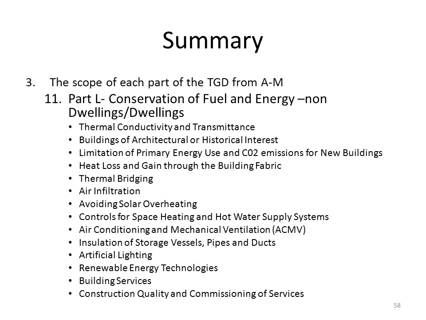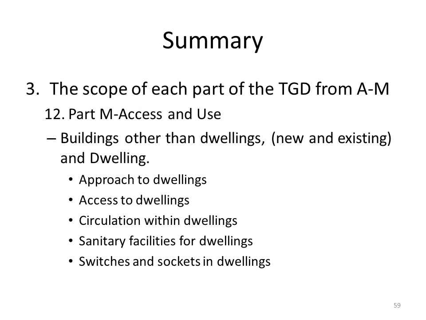We had a lot of similar headings in these two documents, the two Part L documents for dwellings and non-dwellings, and they included thermal conductivity and transmittance, buildings of architectural or historical interest, limitation of primary energy use and CO2 emissions for new buildings, heat loss and gain through the building fabric, thermal bridging, air infiltration, avoiding solar overheating, controls for space heating and hot water supply systems, air conditioning and mechanical ventilation, ACMV, insulation of storage vessels, pipes and ducts, artificial lighting, renewable energy technologies, building services, and construction quality and commissioning of these services.